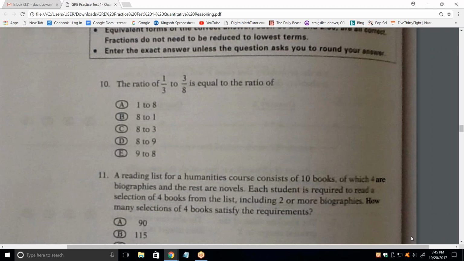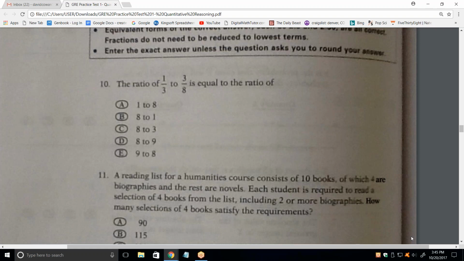So when I say the ratio of A to B, how do I write that? A semicolon B, or A divided by B. In other words, ratio can be either one. And it actually works a little bit better to use the division sign, and I'll show you why.